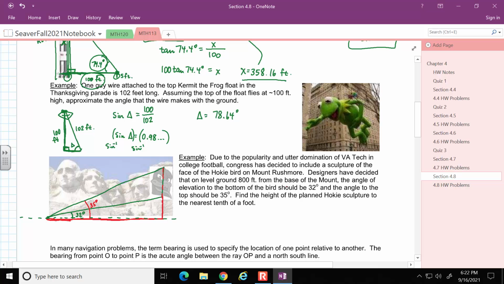Now it says on level ground 800 feet from the base of the mountain. So that means here's the base of the mountain, and I'm measuring from here. So that makes this length 800. Now usually the tendency is to say, all right, that's 35 degrees, this is 32 degrees, so what's this measure?